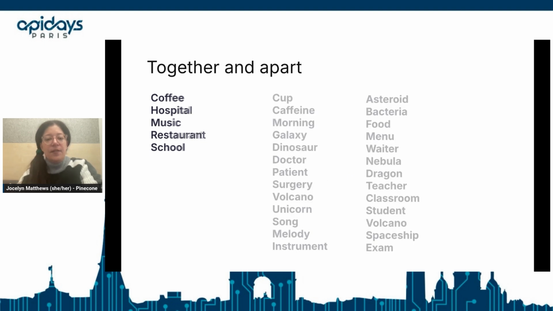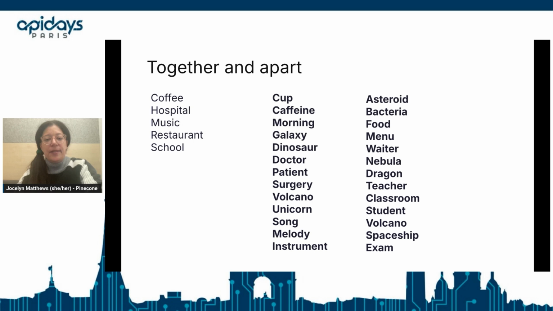Now we have this list of words, and I've just added another list. If we remember kids' puzzles that are connect the line from childhood, we're going to see that if we did this sort of puzzle here, some words are going to be very straightforward and others are going to provoke hesitation. So in the first column, we have coffee, hospital, music, restaurant, and school.